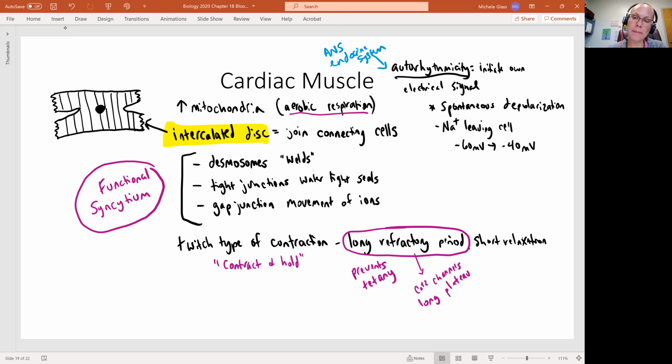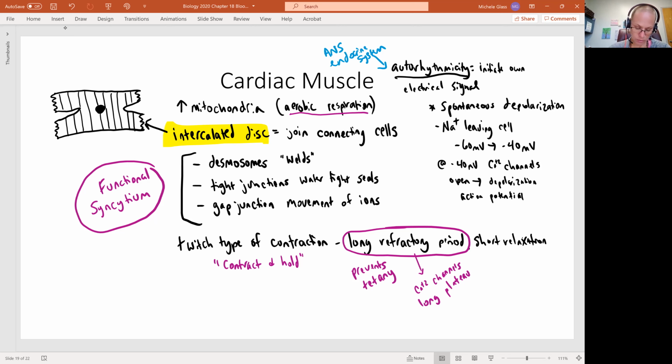And then at -40 millivolts, you get calcium ion channels that will open. And this is going to give you your depolarization for your action potential, which, remember, is our name for the signal, right?